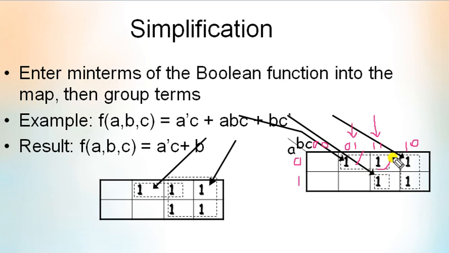Clear? And for the next term ABC, for A1, B1, C1. So this is the row and this is the column.